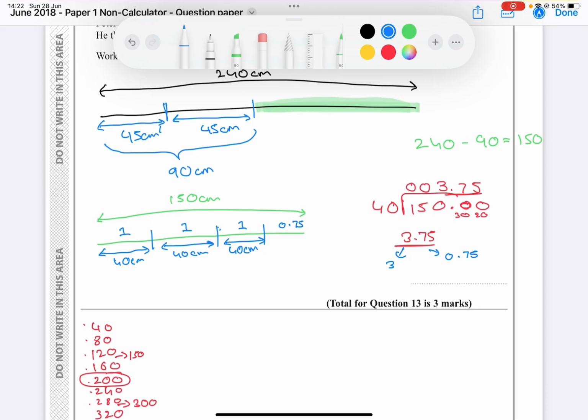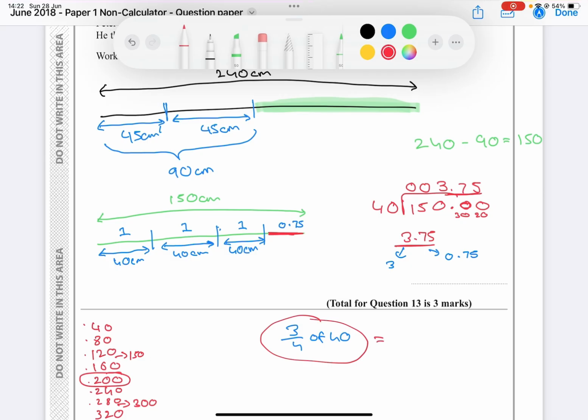Remember, this is 75%, all right? 75% as a fraction is just 3/4. So 3/4 of 40. This over here is 3/4 of 40, okay? I'll circle that, just so you know that that is that over there.